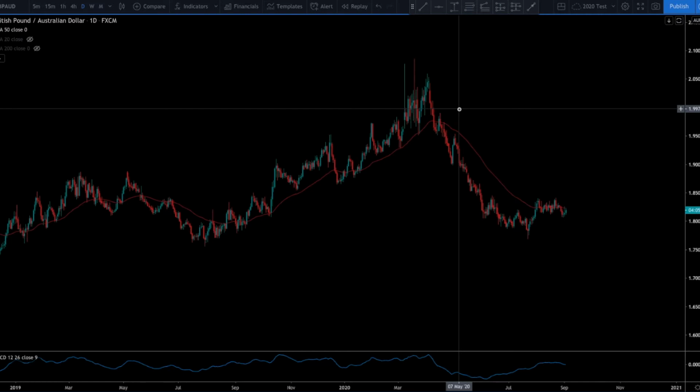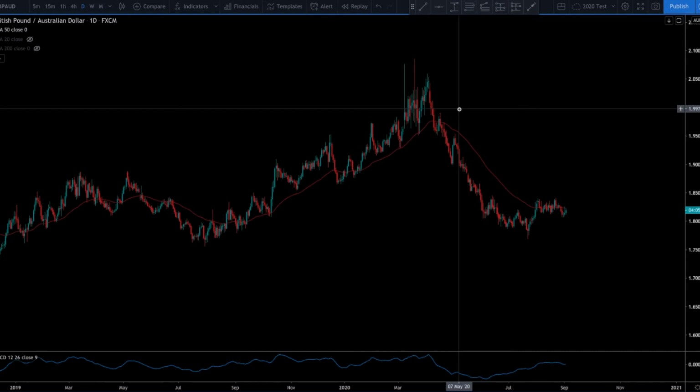There are different types of moving averages. There's a simple moving average, and you can set the moving average to however many points in time you want. On a daily, a 50 EMA is going to average the last 50 days of price.